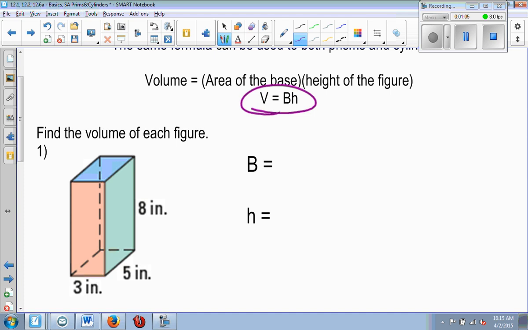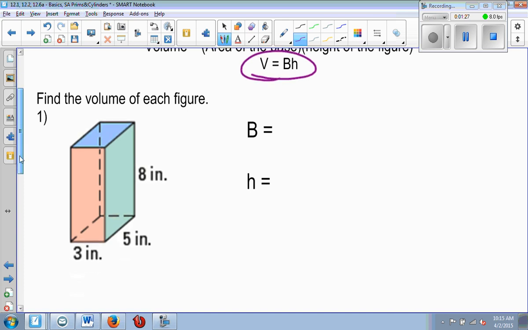Remember from surface area, we had to worry about finding the perimeter of the base to use the formula. To find volume, we don't need the perimeter of the base at all. All we have to worry about is big B, area of base, and then height, distance between the bases.